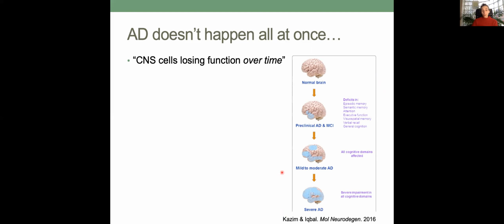And I want you to take note of the initial pathology that pops up in preclinical Alzheimer's and MCI, or mild cognitive impairment. You can see that this really centers on the temporal cortex here, which then spreads into pretty far regions of the brain once we get into mild and moderate Alzheimer's disease, and severe Alzheimer's disease is pretty much neuropathology everywhere.